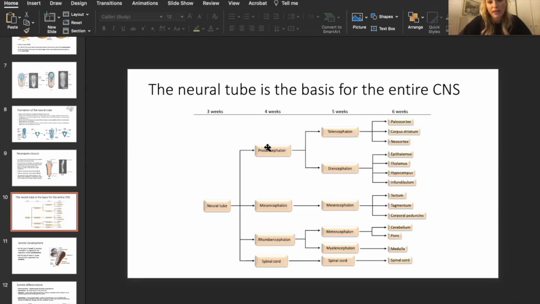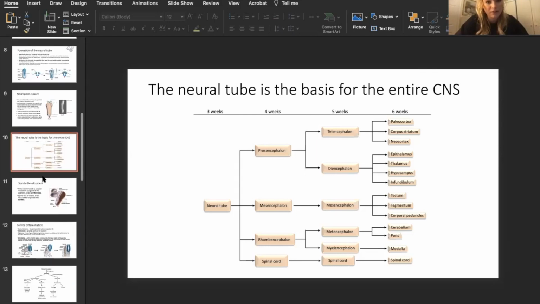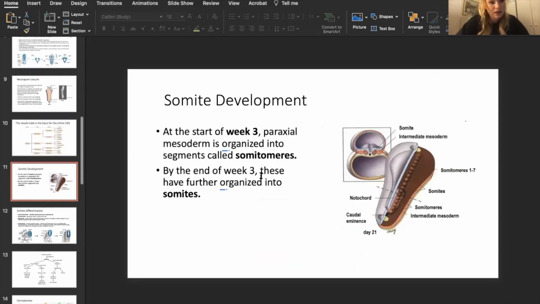So we've got the prosencephalon, mesencephalon, and rhombencephalon, and then we've also got the spinal cord. And you can see on this image that these then subdivide into further structures. And then you can see by week 6, we've got pretty good development at this point of particular regions of the brain. So we've got the thalamus, infundibulum, tegmentum, pons, cerebellum, and so on. Like I say, these will be online for you guys to get as well.